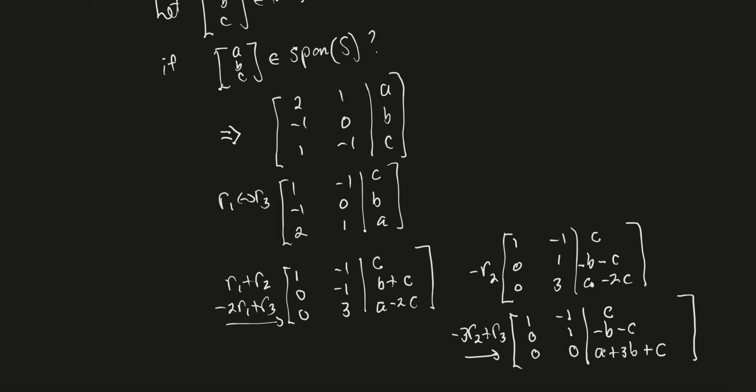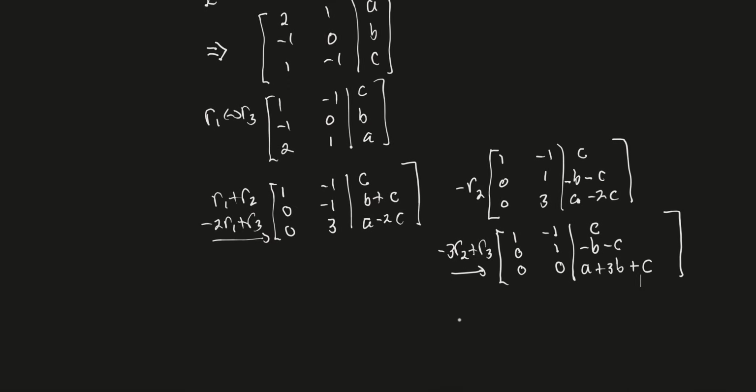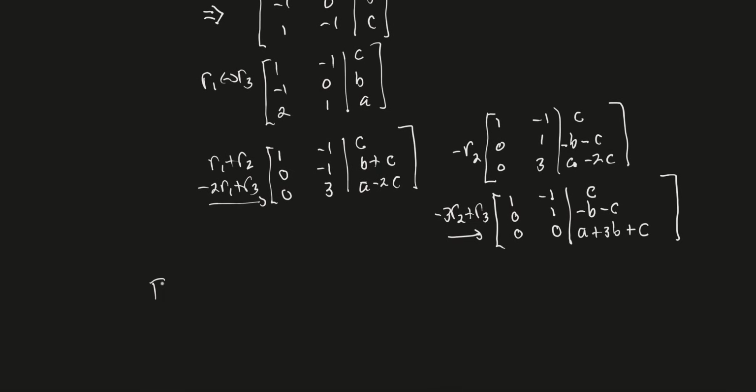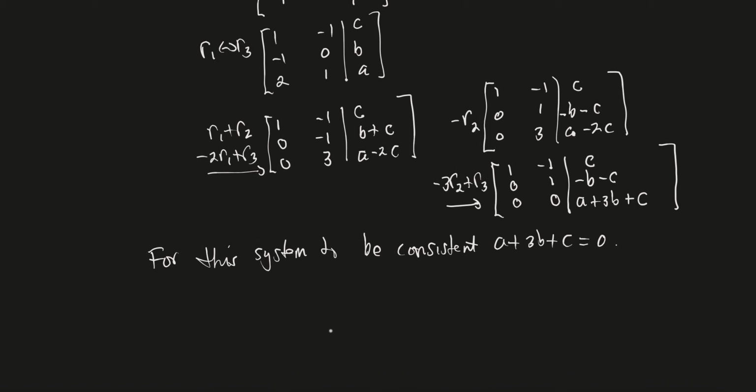So we know now that for this system to be consistent, a plus 3b plus c must be equal to 0. That means I can now describe the span of S completely. So let's see if we can write this down using set builder notation.